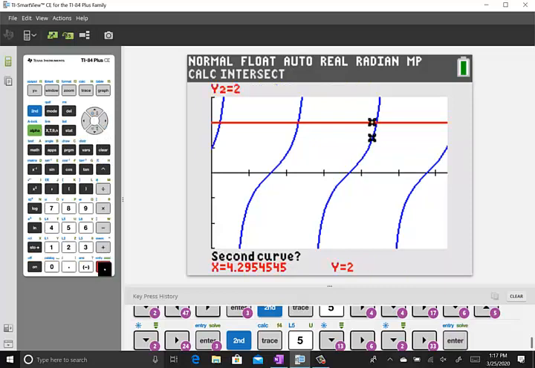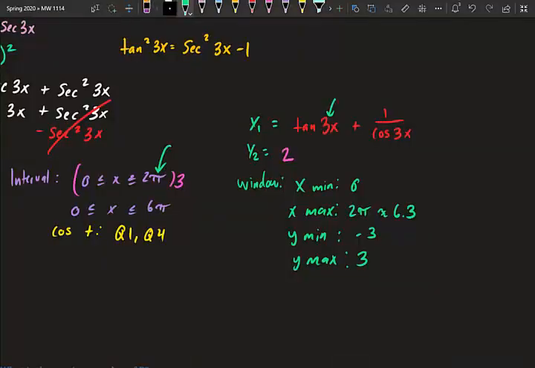Press enter twice. Enter, enter. And then we have our last answer of 4.4032906. I'm going to write down all those answers for us. So we got our first one of 0.2145, I rounded it. And then we have 2.3089 and 4.4033.